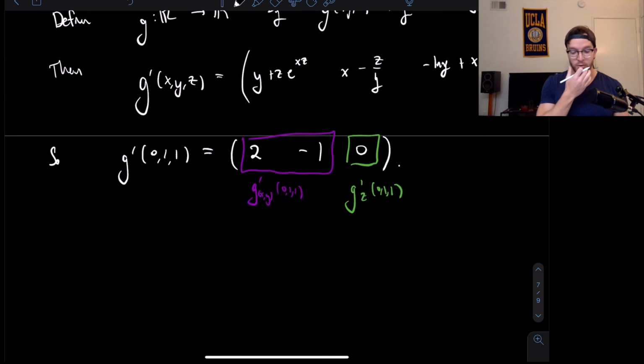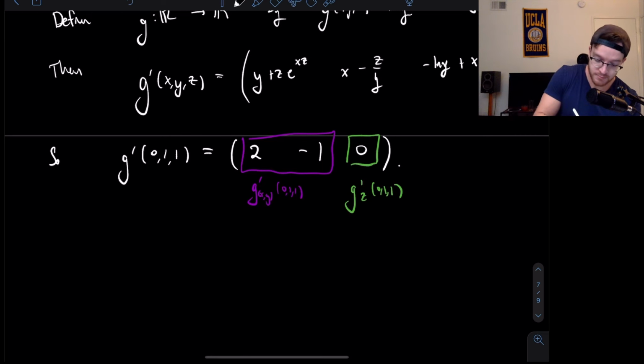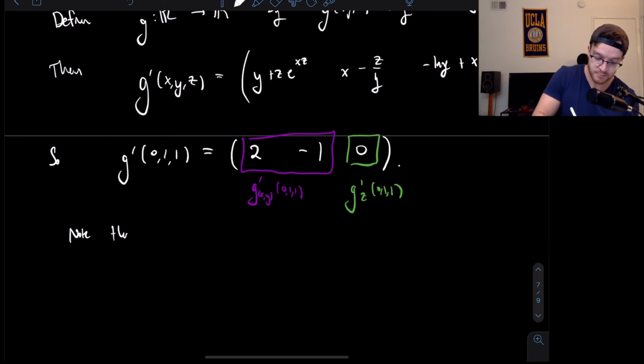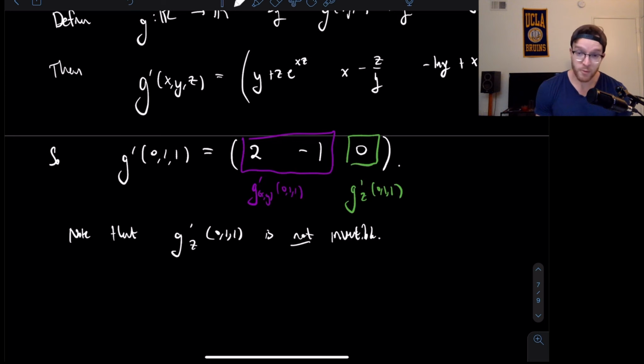Well, g prime z is a 1 by 1 matrix, which is the number 0. This is not invertible. Therefore, no, we cannot locally solve for z as a function of x and y near this point.